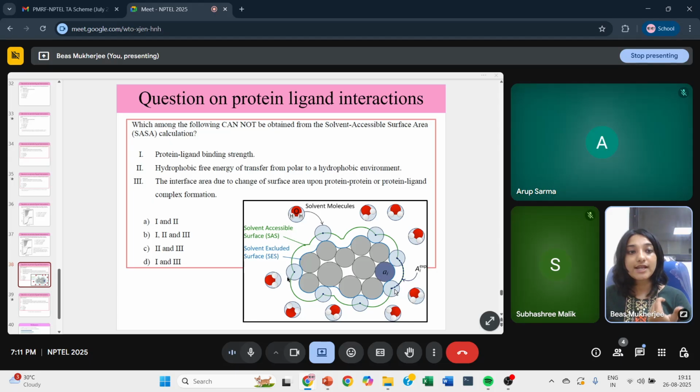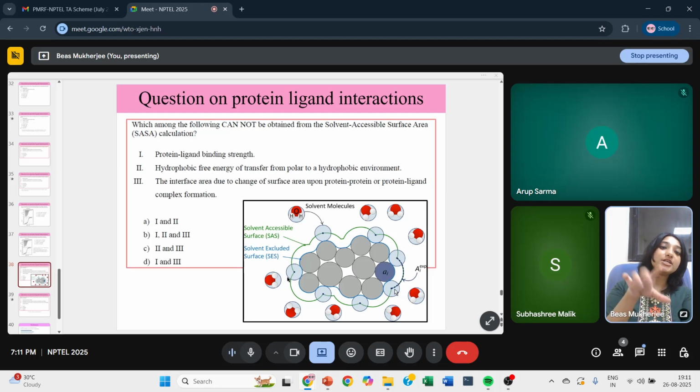One is protein ligand binding strength. Second is hydrophobic free energy of transfer from polar to hydrophobic environment. Third is the interface area due to change of surface area upon protein-protein or protein ligand complex formation.